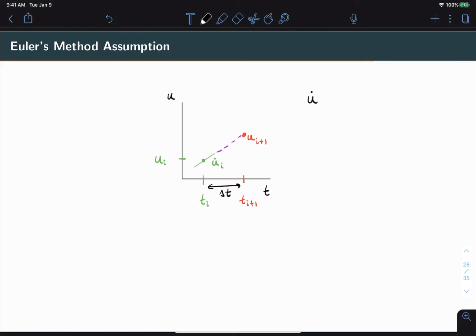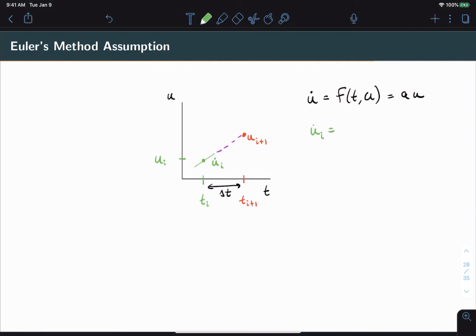So we have our velocity u dot equal to some function of t and u. And in the case of a linear system, we'll simplify that to some constant times u.